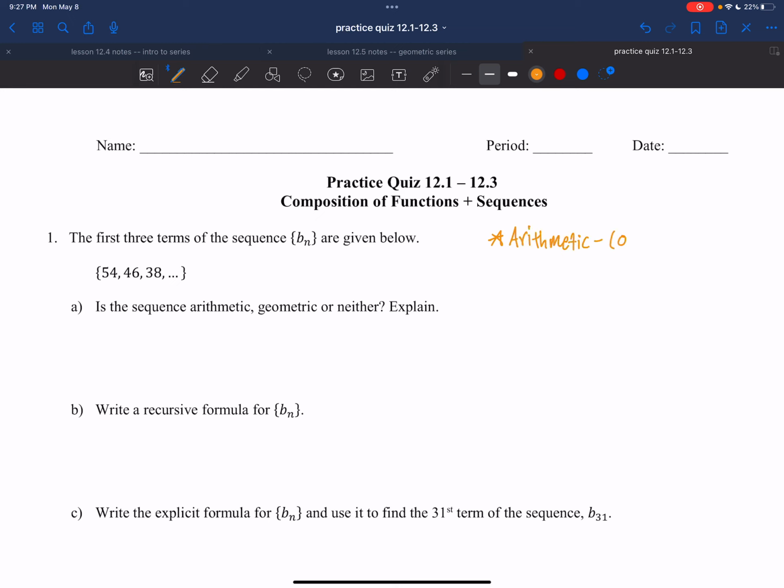This would be a common difference. And if it is geometric, then it is a common ratio, meaning you are multiplying by something, right? So difference, add, subtract, ratio, multiply, divide, yeah?